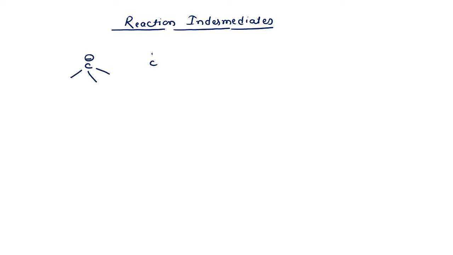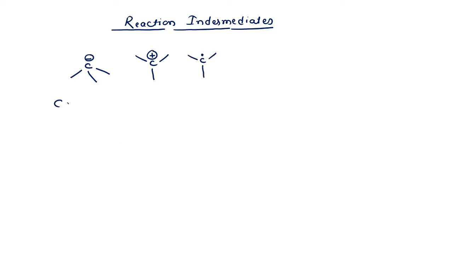there is a formation of one of these three species. These are known as reaction intermediates. Reaction intermediates means that in any reaction, the reactant will break either into this species, or into this species, or into this species.